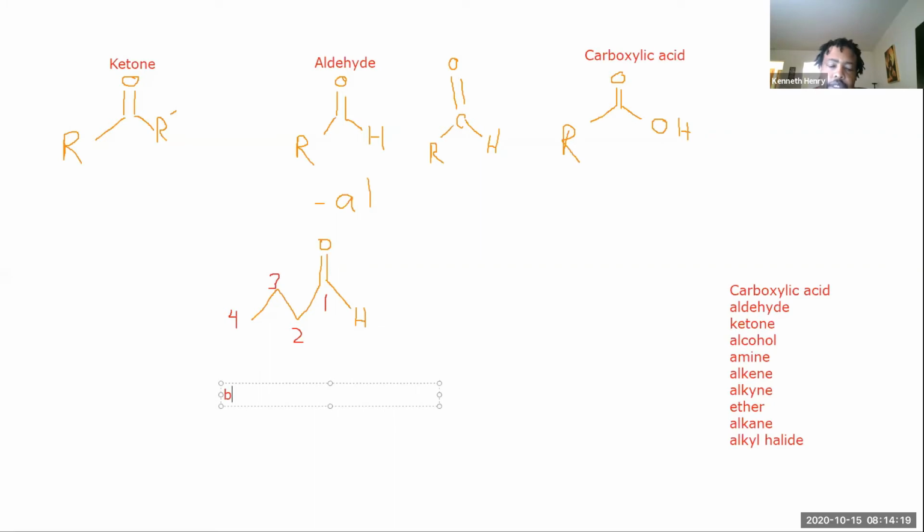So it's but. Are there any double bonds in this chain? No. So then it's ane, and then we'd put al.